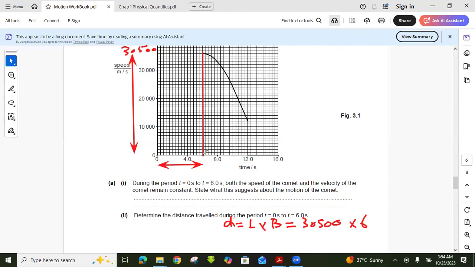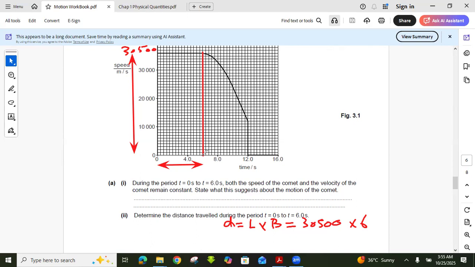Let me check. I'm getting 183,000. Right. One, two, three, four, five, six, 7. But no, it's not 30,500 if we count the small boxes.